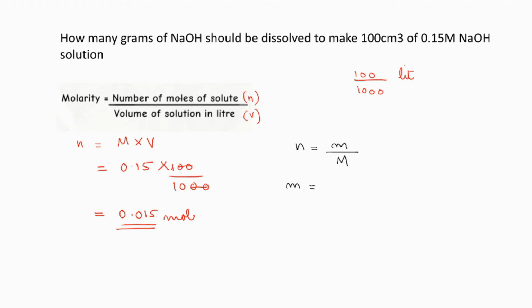That will be equal to number of moles, 0.015, into the molar mass of sodium hydroxide, which is 40 gram per mole. Substituting that, you will get the mass of sodium hydroxide as 0.6 gram. So this will be the answer.